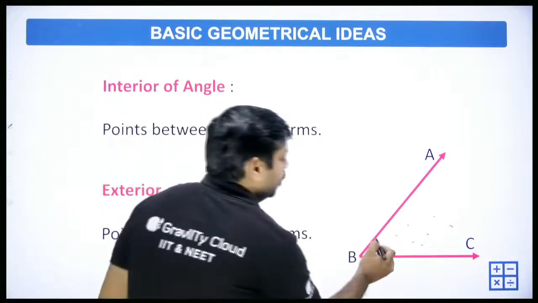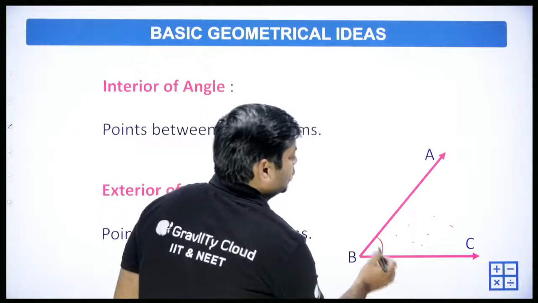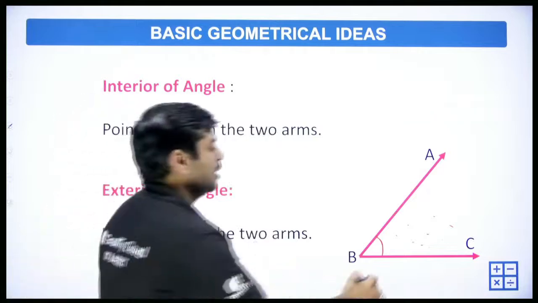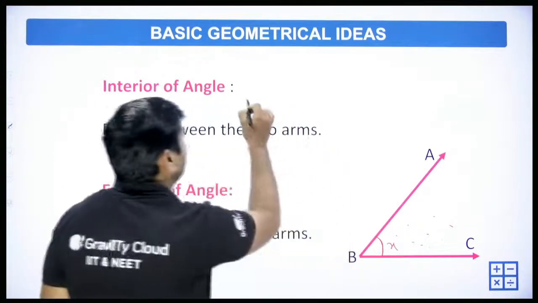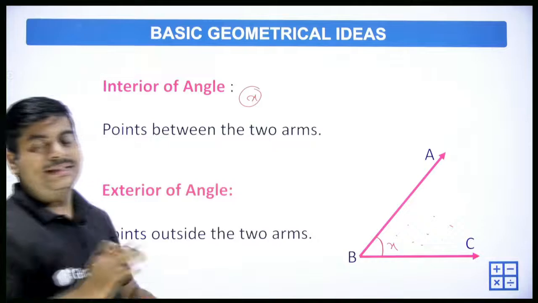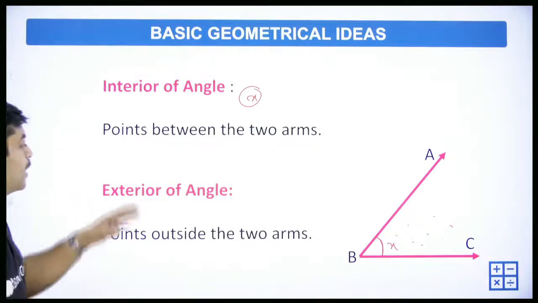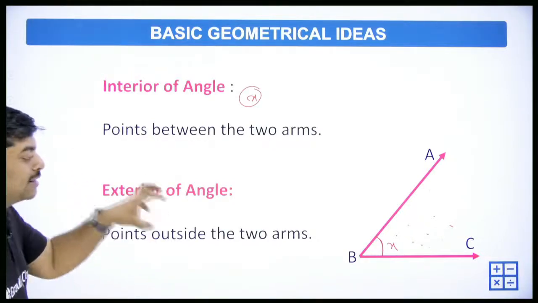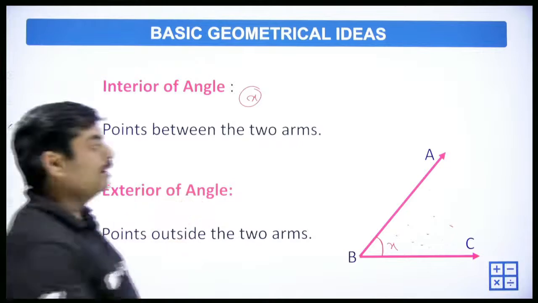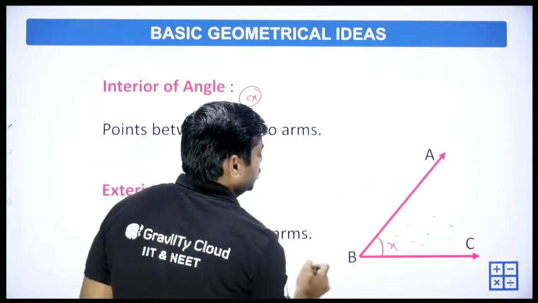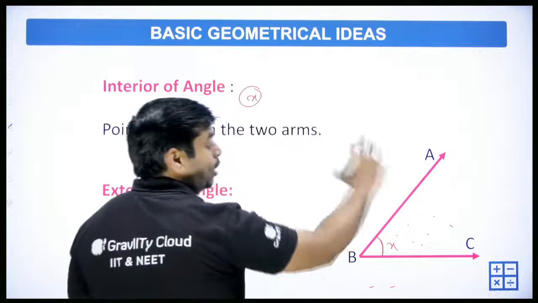So this angle, whatever you are trying to measure, okay, that is the interior. Let's say x, okay? So that is an interior angle. Angle x is an interior angle. The same way, when we're discussing all the exterior points of the two arms, that means all these points, right, which are not inside.